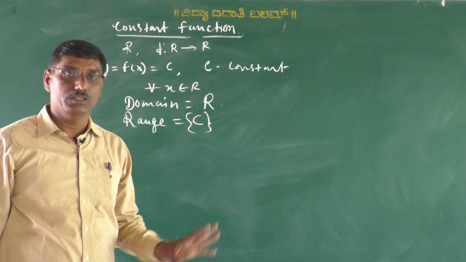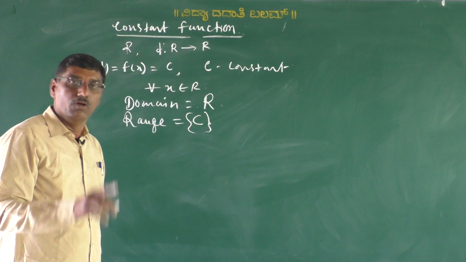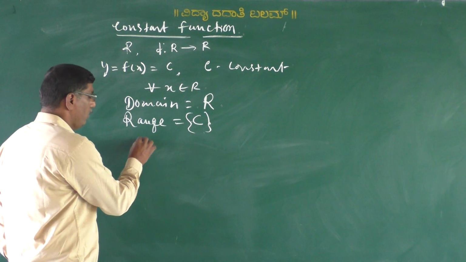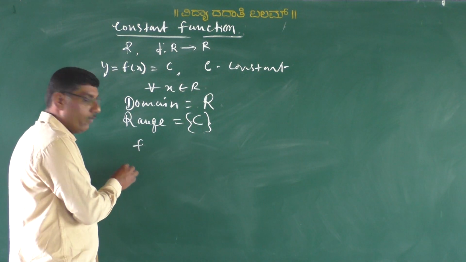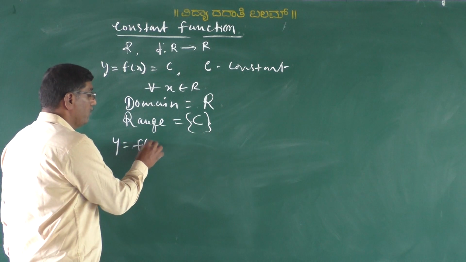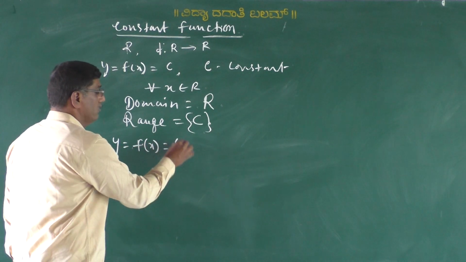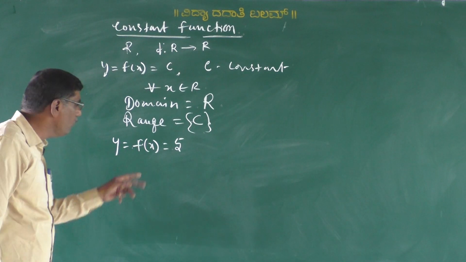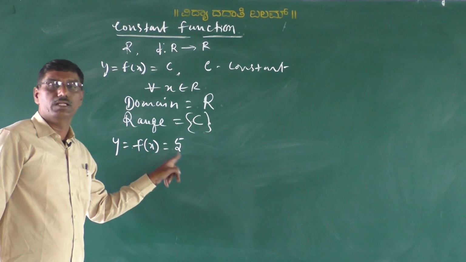Set of all constants. For example, if I take the constant function f of x, or y equals f of x, equals 5. For any domain value of x, we get 5.